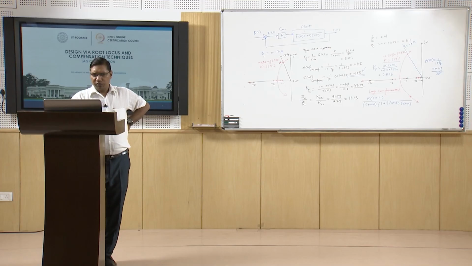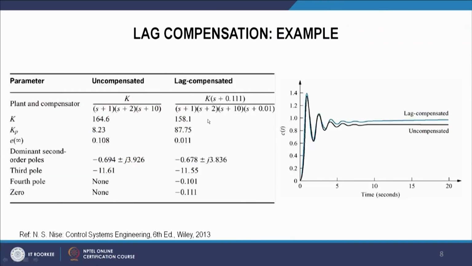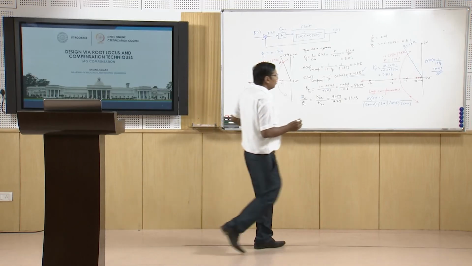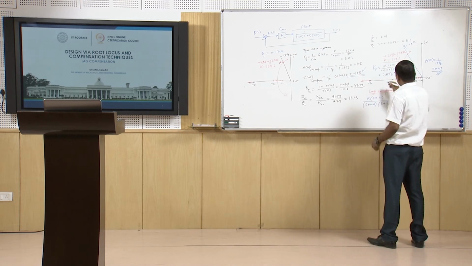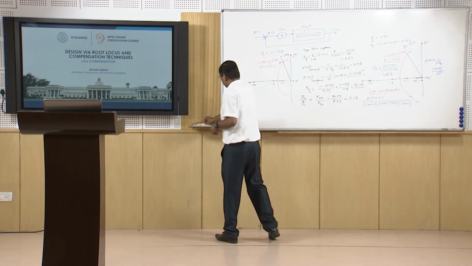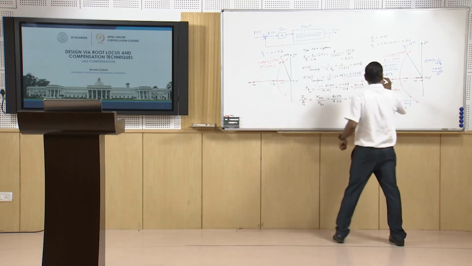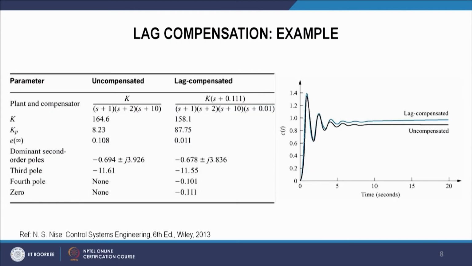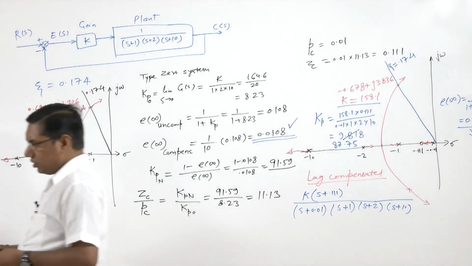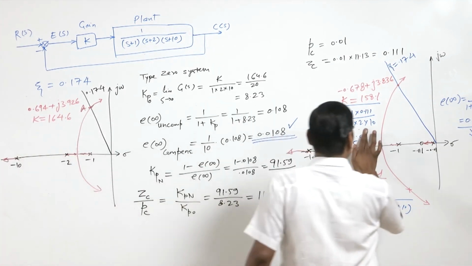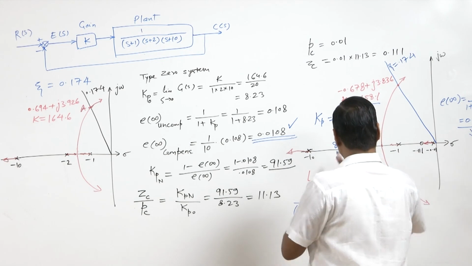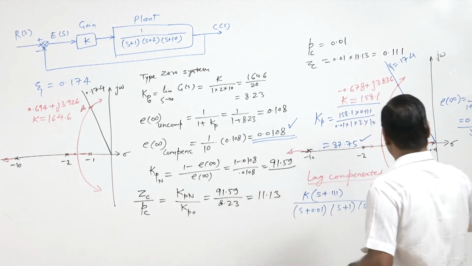So here the values of K we get are 164.6 and 158.1, and Kp for the uncompensated system is 8.23, and for the lag compensated system we are getting 87.75. I think there is some mistake here, so we can have Kp 87.75.